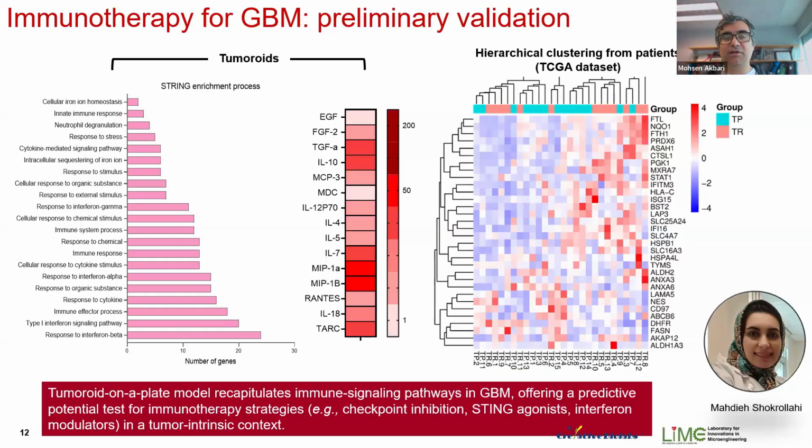That indicates that our model can capture the tumor-neuron crosstalk, driving immunologically relevant stresses and interferon pathways. All of them are central targets in GBM immunotherapy.